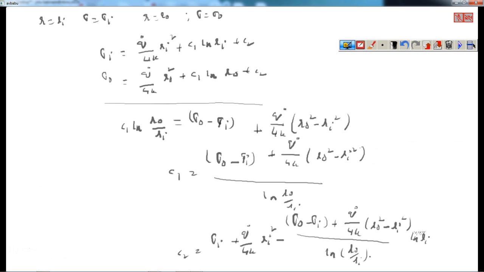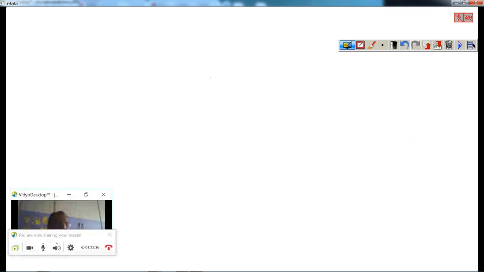Once you know this, then when you substitute the values, I'll write the final equation for the temperature distribution. What is that?